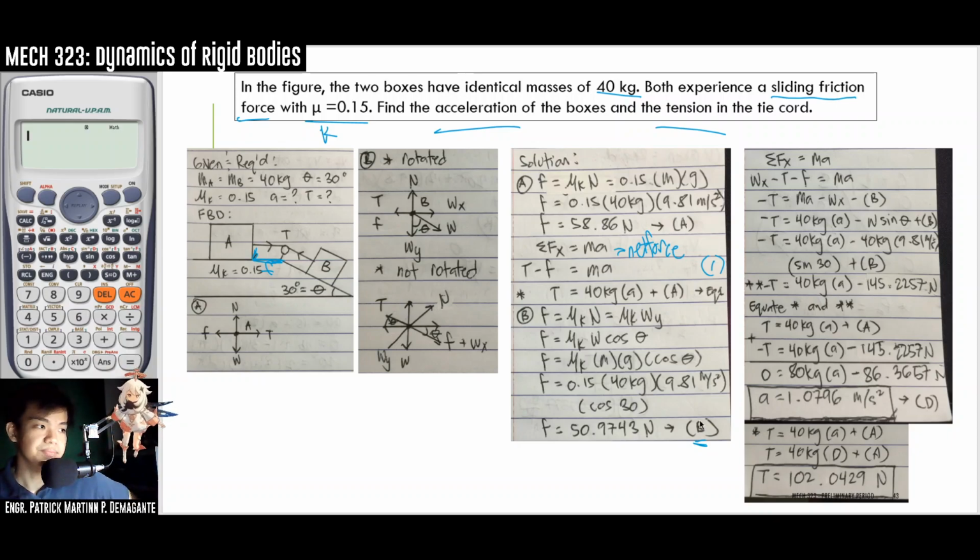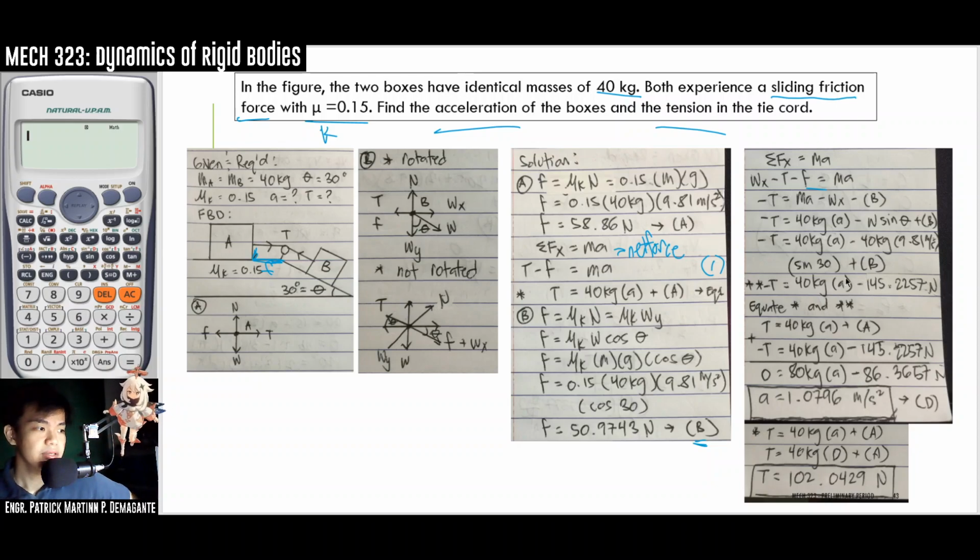And save that to B. Then ano na? Summation forces na ulit tayo kay X. No? Then we will have an equation for T. Okay. Then, i-equate mo lang si T. Yung dito, T is negative kasi kabilang direction siya. So, equate mo lang si T. Pwede kang gumamit dito ng mode 5.3.